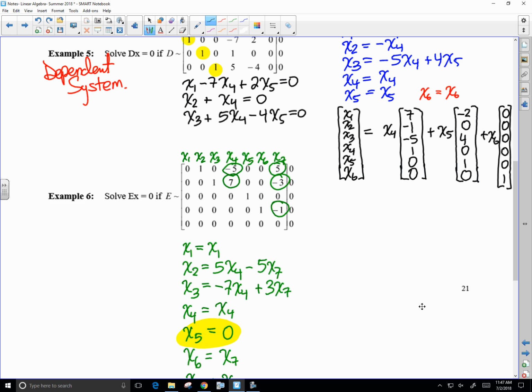Let's see here. Yeah, because we don't have elementary column operations, but if we did, it would make sense to swap column 1 with column 2. But yeah, it does feel weird that there's an entire column of zeros, but it's just a 0 vector.